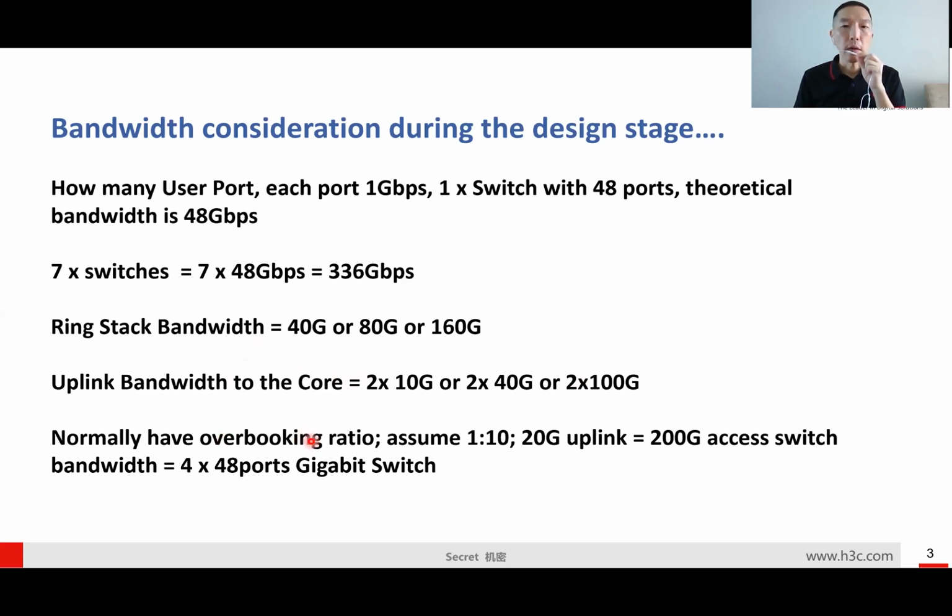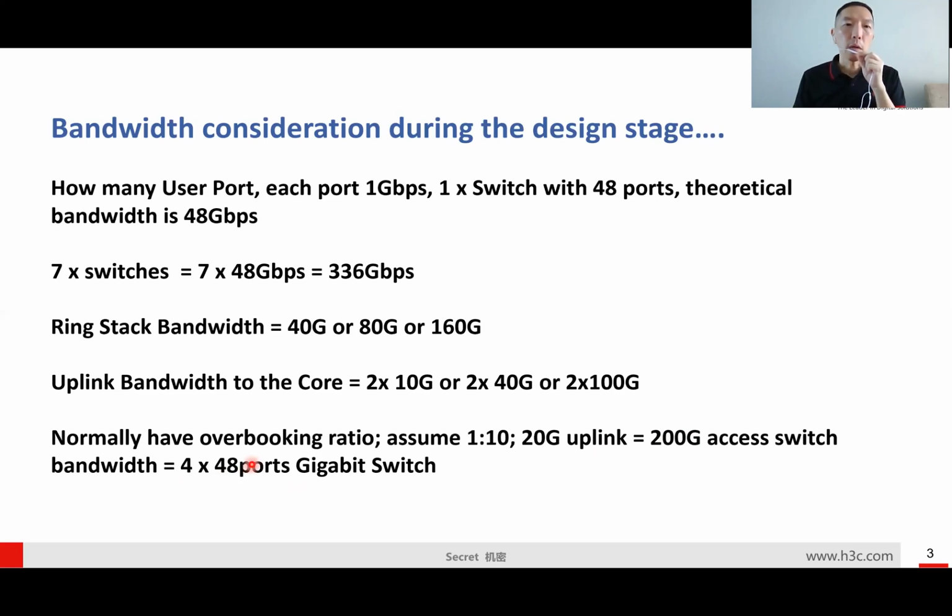That means if you have 2 10-gig uplinks, normally you can put around 200 gigabits of bandwidth for all the access switches coming together. That is equal to around 4 48-port gigabit switches. That means you can do a ring stack for 4 gigabit switches together.